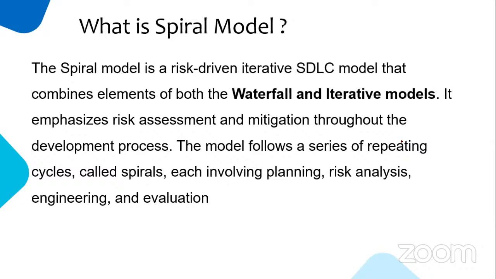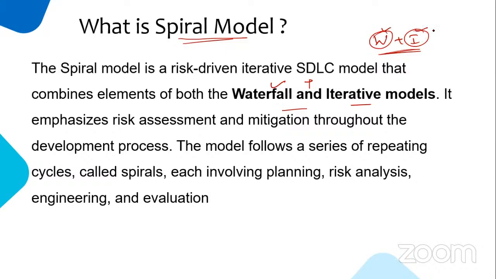Fine. Now comes the third one, the spiral model. Spiral model is a combination of what we learned, the waterfall plus iterative. Just now we learned the waterfall model and the iterative model, because each is having some drawback.